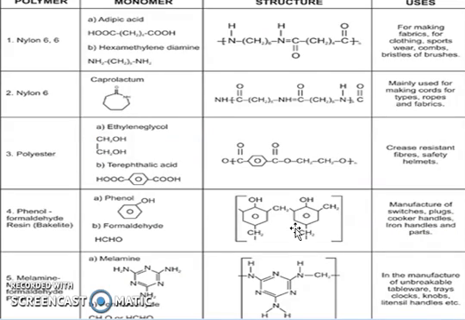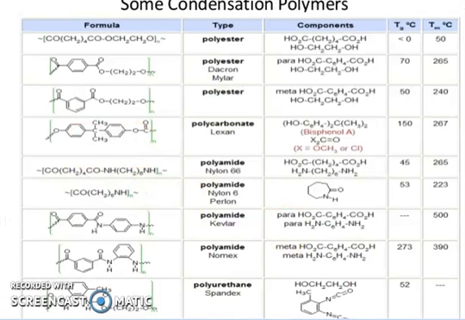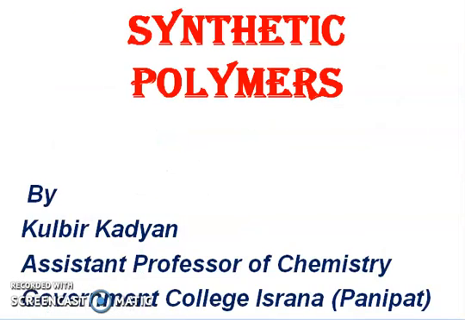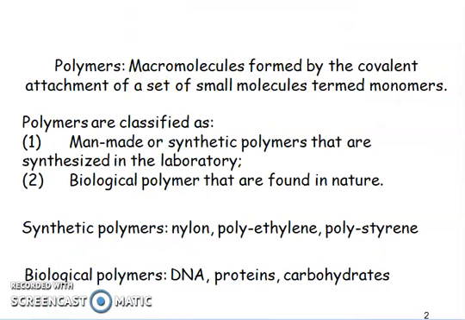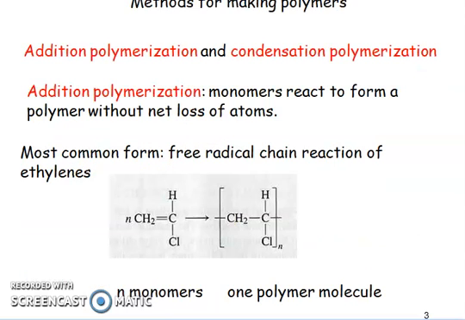So, till now we have discussed synthetic polymers, whose types are addition polymers and condensation polymers, and we have discussed man-made synthetic and biological polymers. We have also discussed addition polymerization and condensation polymerization, homopolymers and copolymers. This is it for now. We will discuss more in the next class.